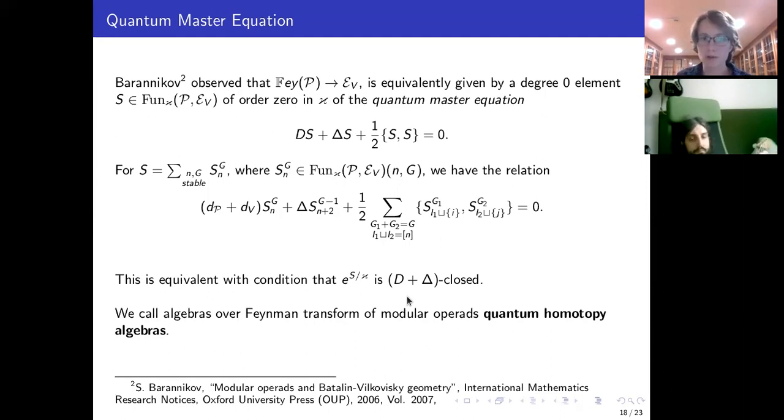So we found that the elements which are describing the representation of the Feynman transform are basically the same as those in the exponential d plus delta closed. And similarly, as for the closed case, we will call the structure which is described by this the quantum homotopy algebras.